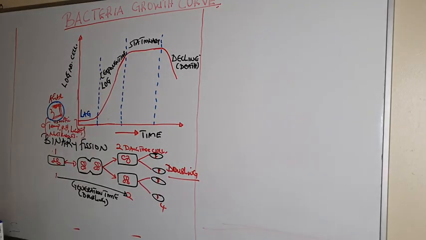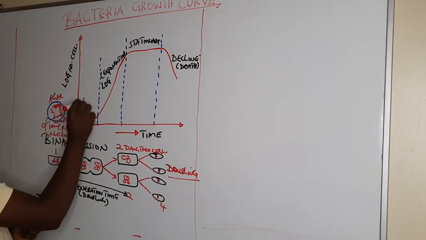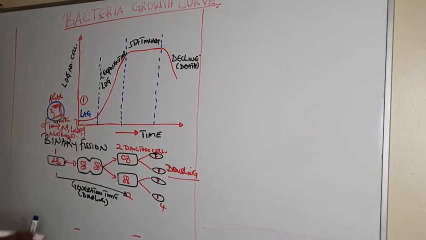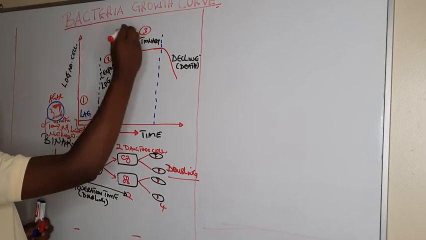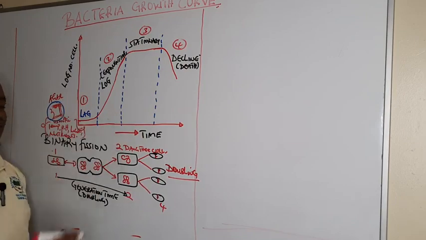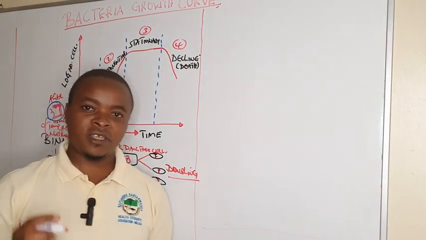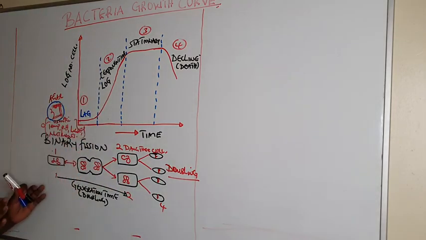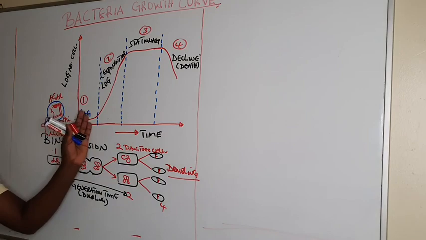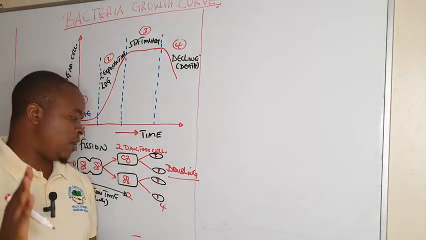So these are the four phases under bacterial growth curve, whereby the first one is the lag phase, the second one is the log phase, the third is the stationary, and the fourth is the decline phase. So after knowing these different phases, let us explain each phase one by one.